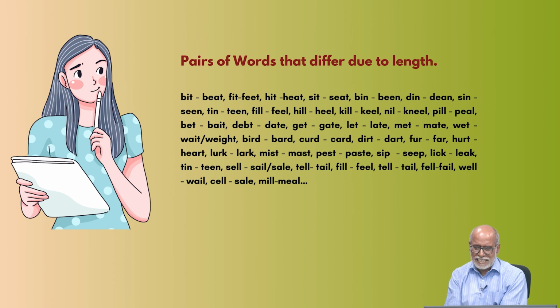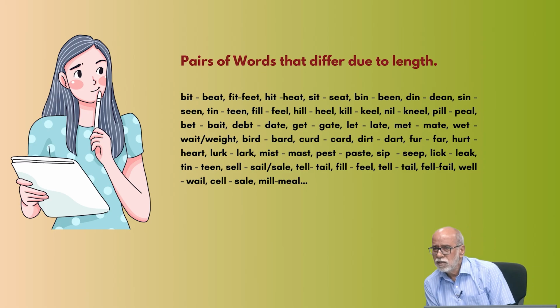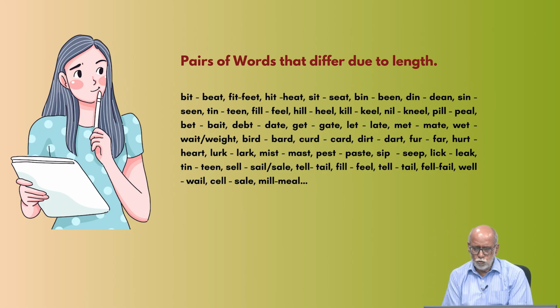Hit, heat, sit, seat, bin, bean, din, deen, sin, seen, tin, teen, it goes on like that. Okay. And you soon find that you are able to do it right better.